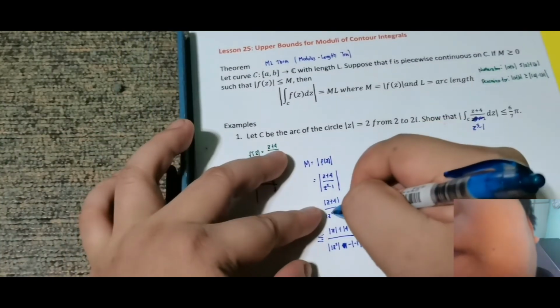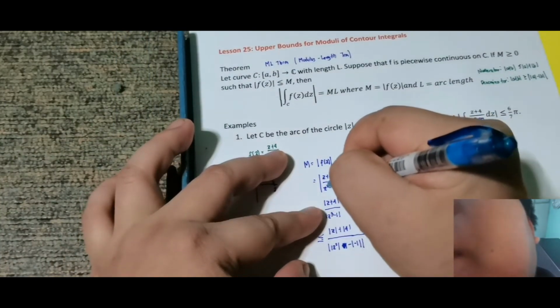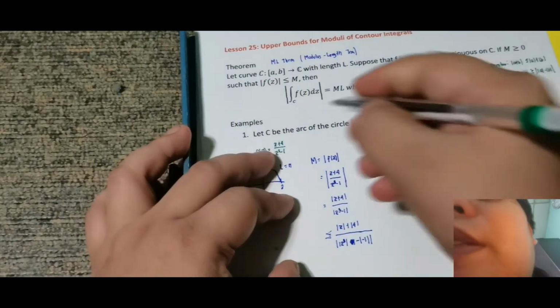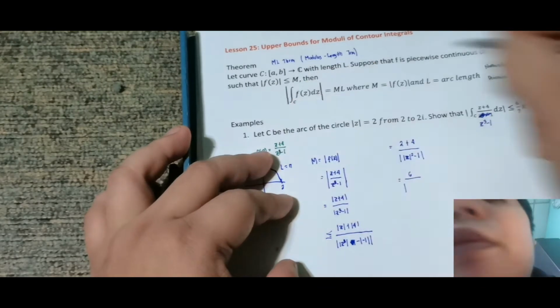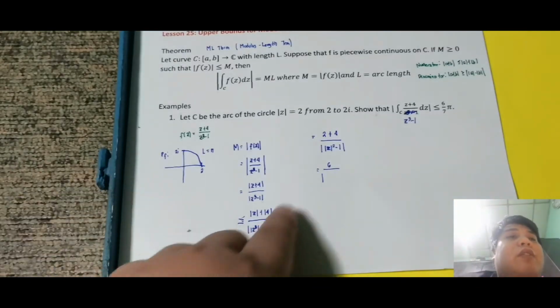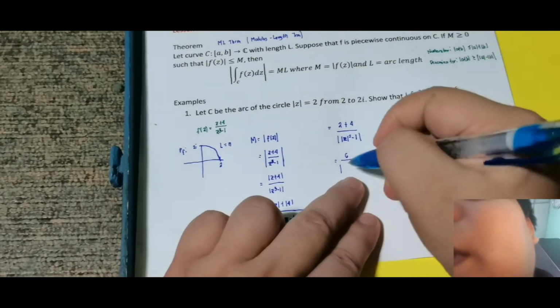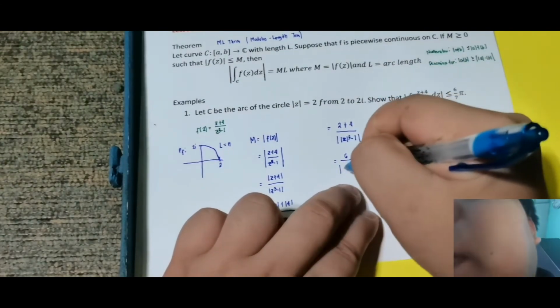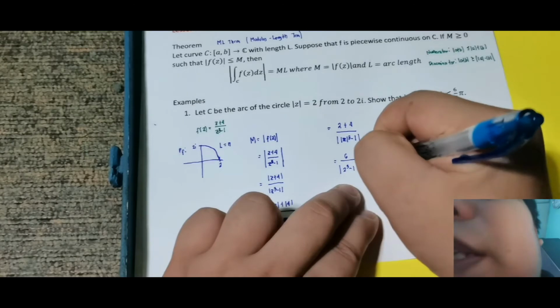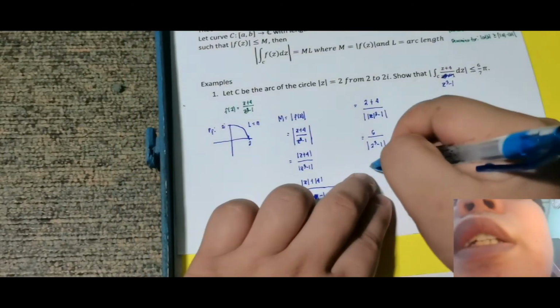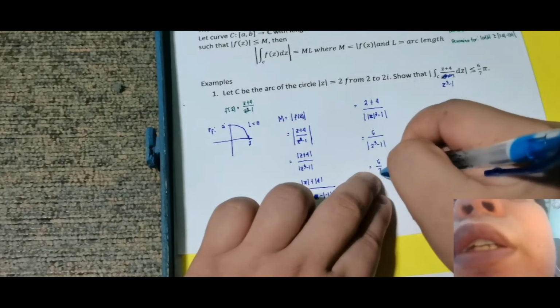So palitan ko lang yung mga given kasi nagkamali. So this is 2 raised sa 3. So this is 2 raised sa 3 minus 1, which is 8 minus 1, that is 7. So that is simply equal sa 6 over 7.